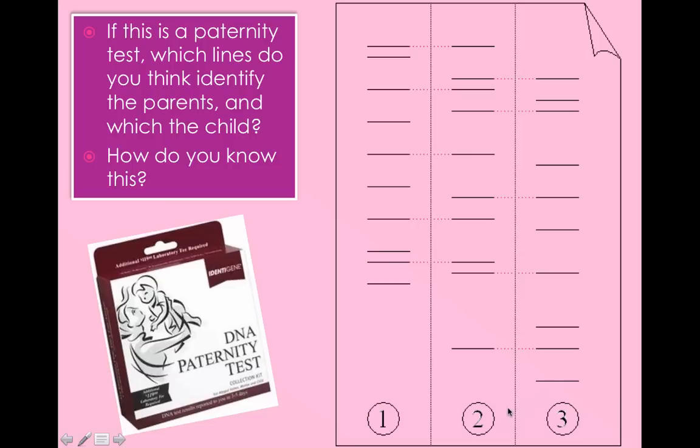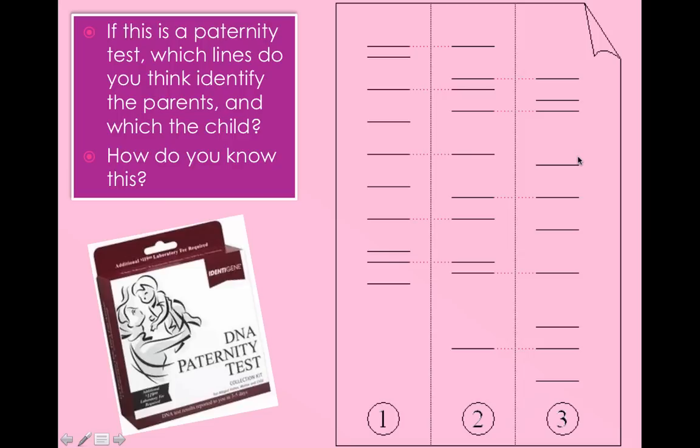In this case, this one is quite interesting. If 1 and 3 are the parents and number 2 is the child, what you end up with, and this is very clever how this works, if all the samples are cut with the same type of molecular miniature scissors called restriction enzymes, then every band that you find in a child will match up with a band in one parent or the other.